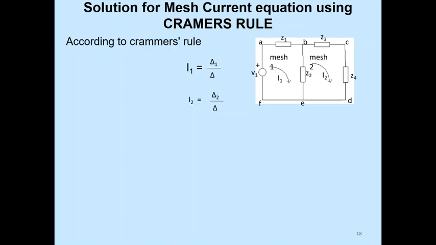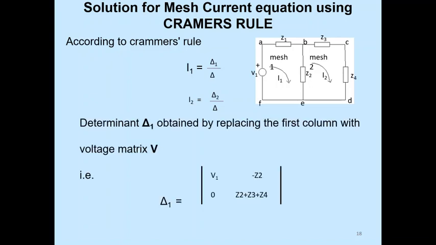What is delta 1 and delta 2? Delta 1 is obtained by replacing the first column with the voltage matrix V. So by replacing, delta 1 is equal to V1, minus Z2, 0, Z2 plus Z3 plus Z4.